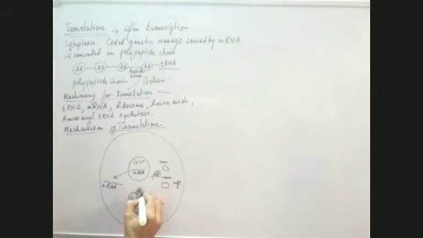Now, when it is received here, what happens? The next is UUU, which codes for phenylalanine. So the next transfer RNA will bring phenylalanine from the amino acid pool.